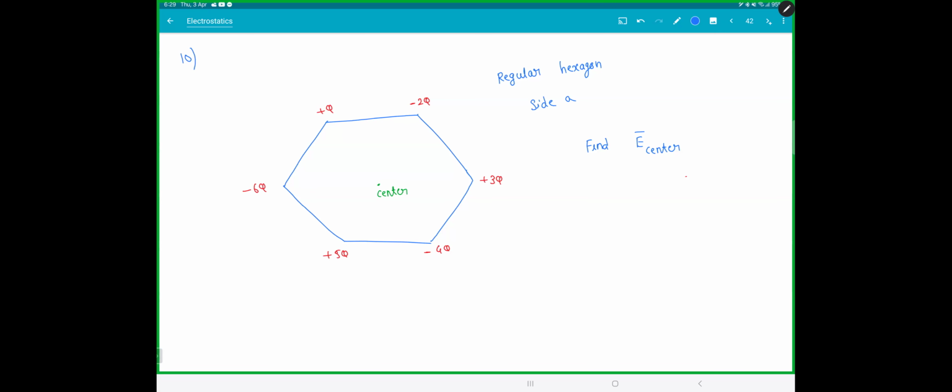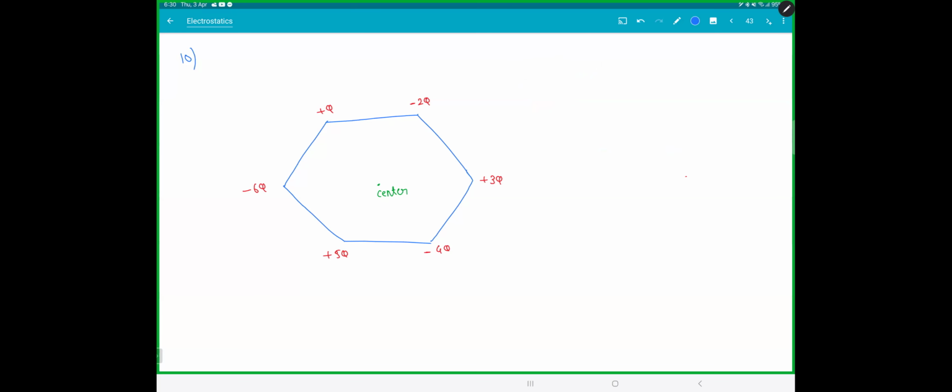Zero or null field? It's not zero. How did zero come?